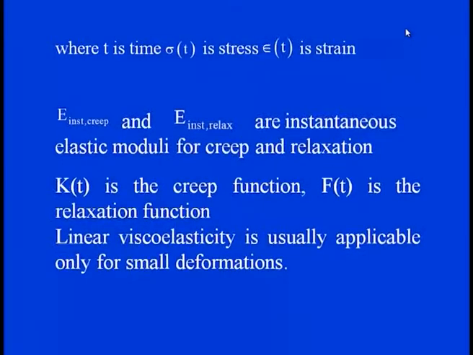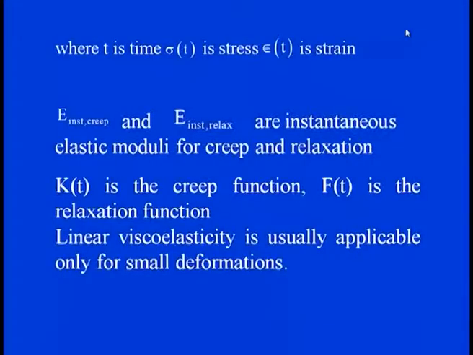And we know that when we talk about these materials, the K part which we were showing was the creep function, and when derived during relaxation, the f of t is basically a relaxation feature associated with the stress and strain.